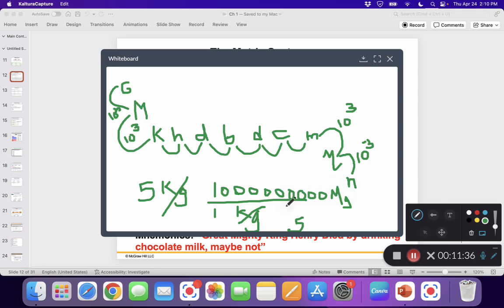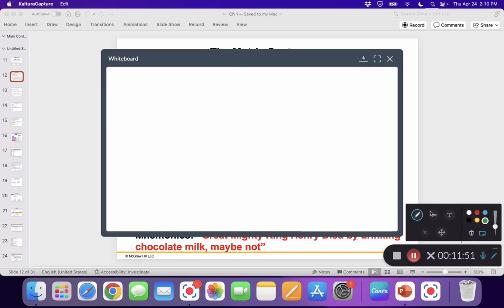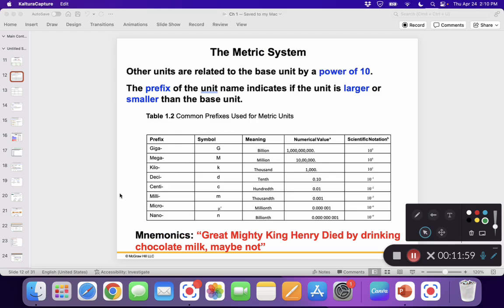I'm writing that relationship so that I can use that relation to find how much is 5 kilogram in terms of microgram. Okay, so I am explaining all this so that you know this relationship.